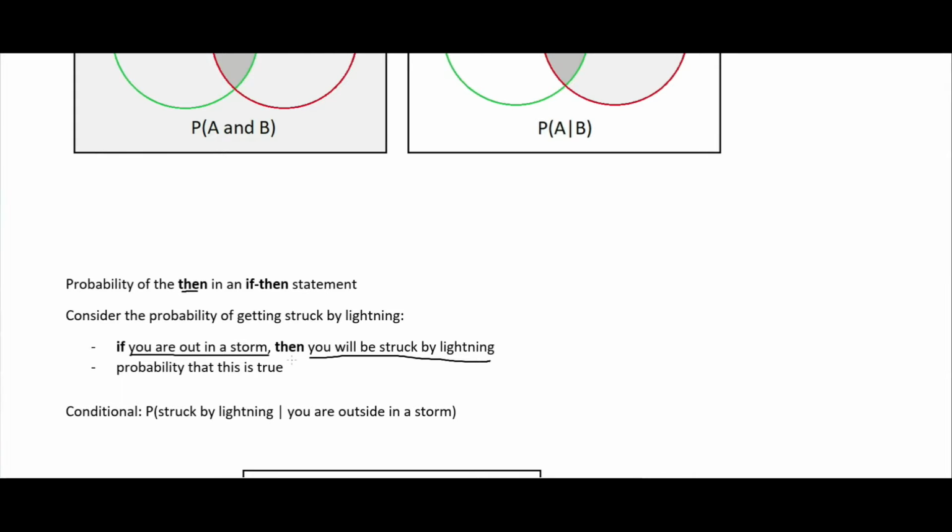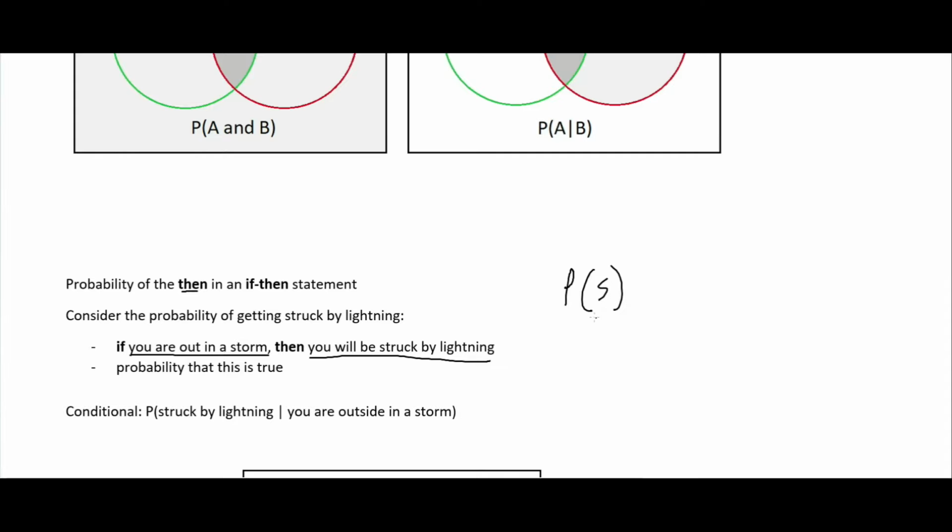So what is the probability that you are struck by lightning given that you are out in a storm? And so then we want to find the probability that is true that you will be struck by lightning given you are out in a storm.